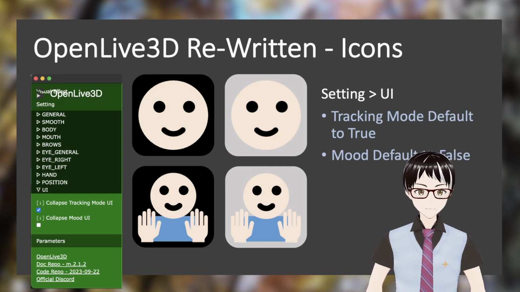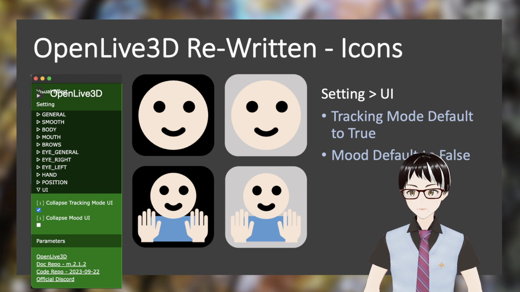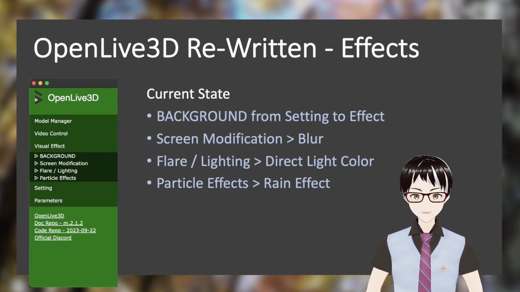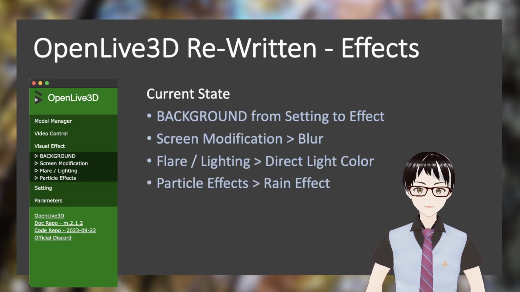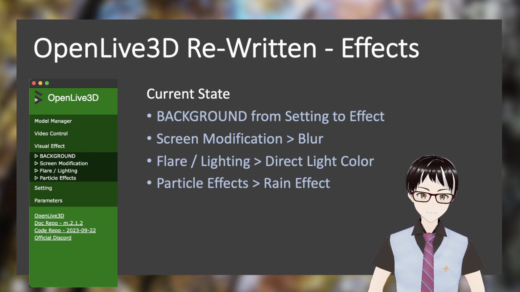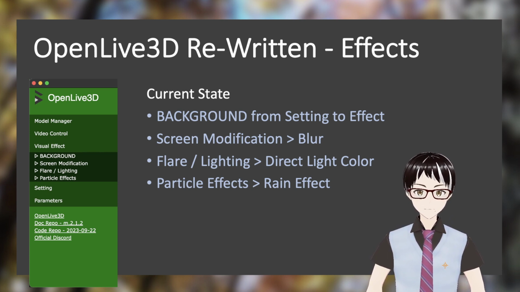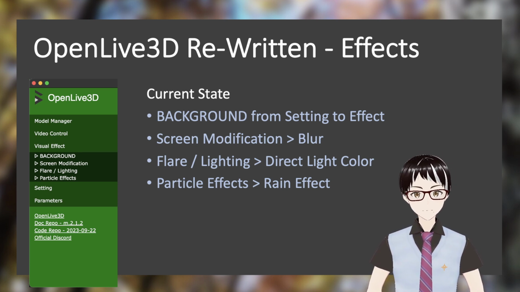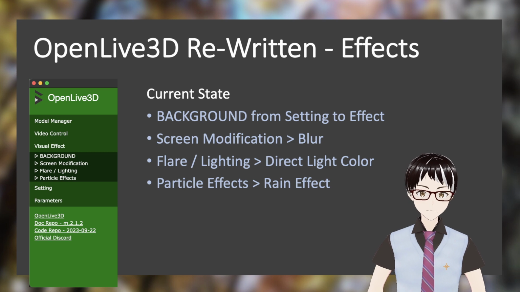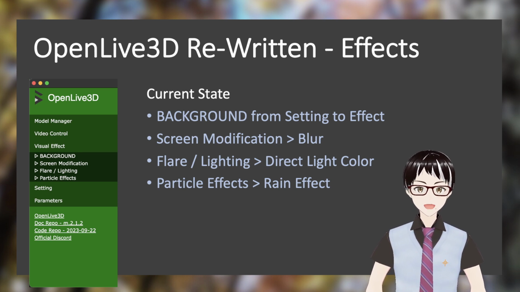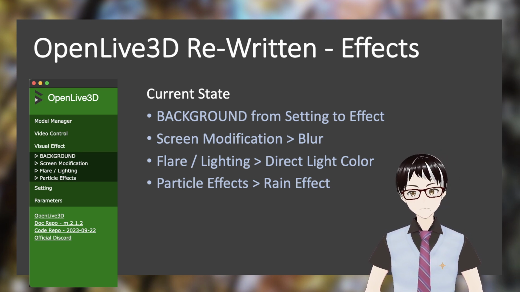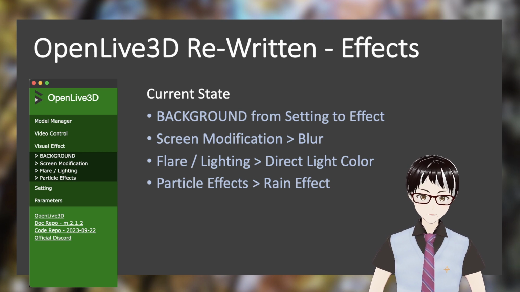So going back to our PowerPoint, the next thing that we developed is the effect. Right, so inside effect there are 4 different options. One is the background, which we already had inside setting. We just moved it from setting into visual effect. And also we have the screen modification. Currently there is only one option, which is blur.